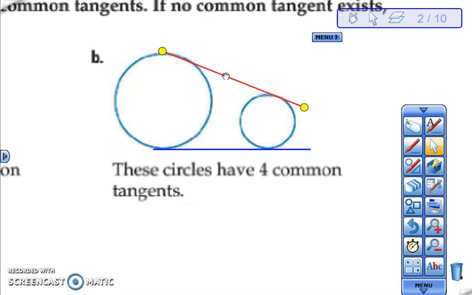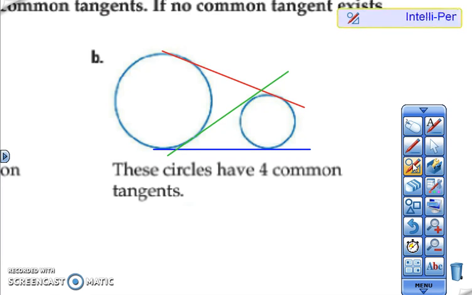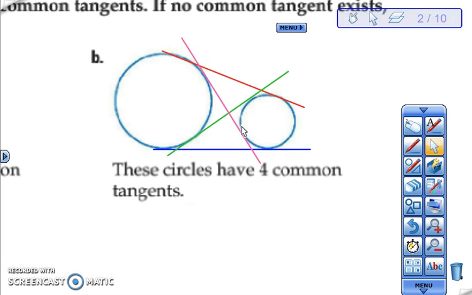But this time, since there is actually space in between the circles, we should be able to get some tangent lines that run through the middle, like so. So there's one. And then the other would go like this. Just right there. There we go.